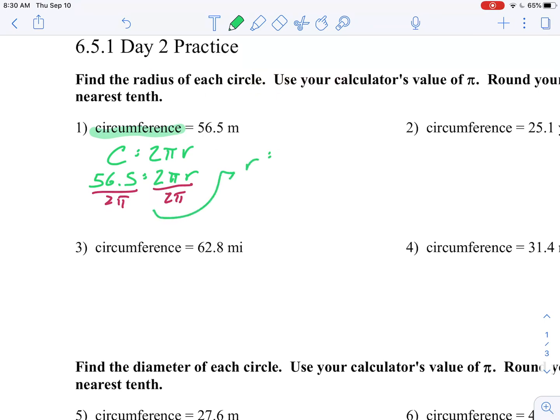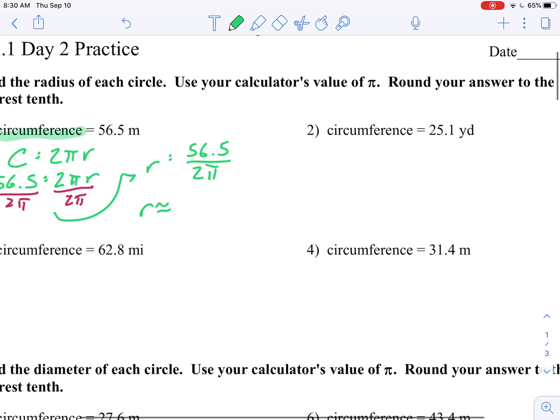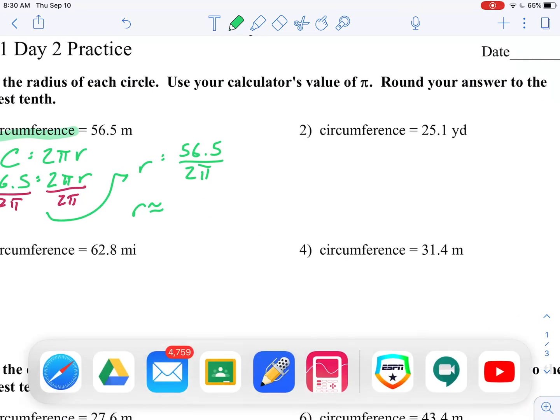So our radius has a value of 56.5 divided by 2 times pi, which we can go to our calculator.